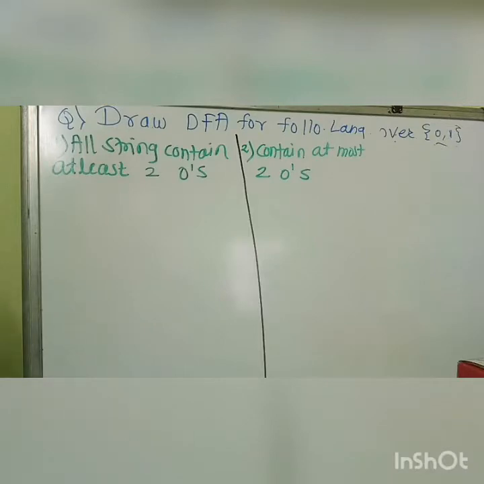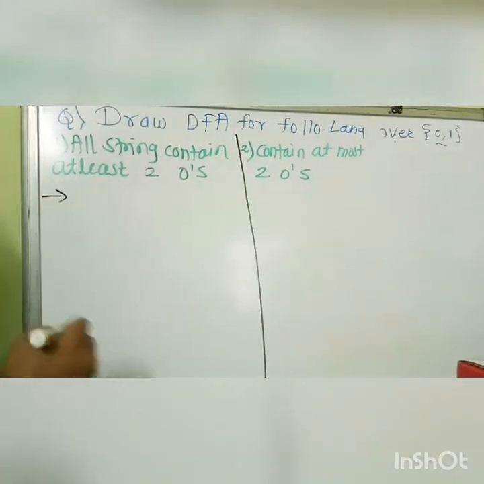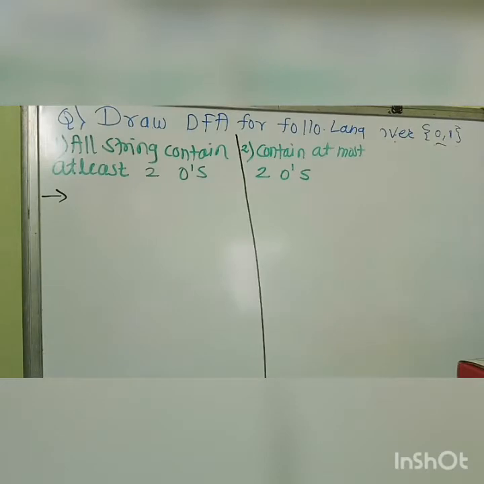In this example, we will try to solve two DFAs which are over 0 and 1. First, you have to design a DFA for all strings that contain at least two zeros.